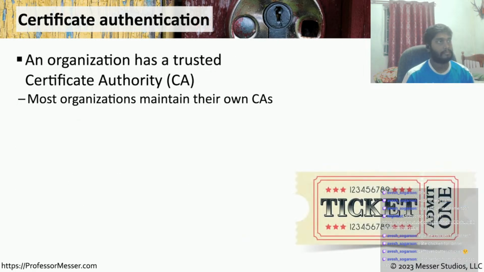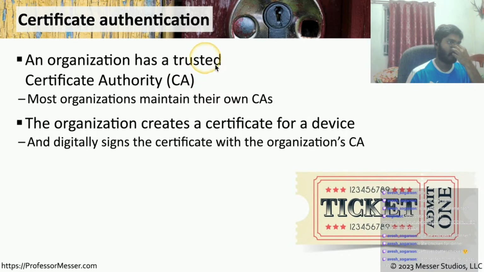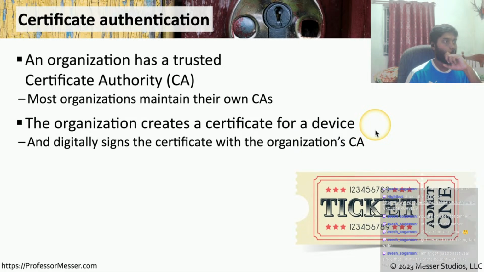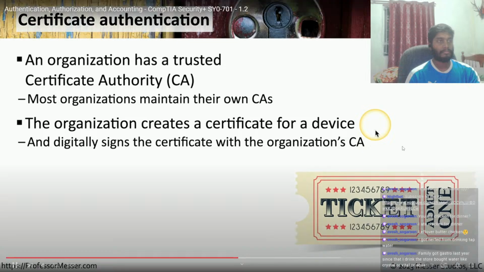The process for creating this certificate is relatively straightforward, but the one thing that you must have in your environment is something called a certificate authority, or a CA. This is a device or software that is responsible for managing all of the certificates in our environment. On the CA itself, you would create a certificate just for that laptop. That certificate is now digitally signed by the certificate authority so that later on we can verify.